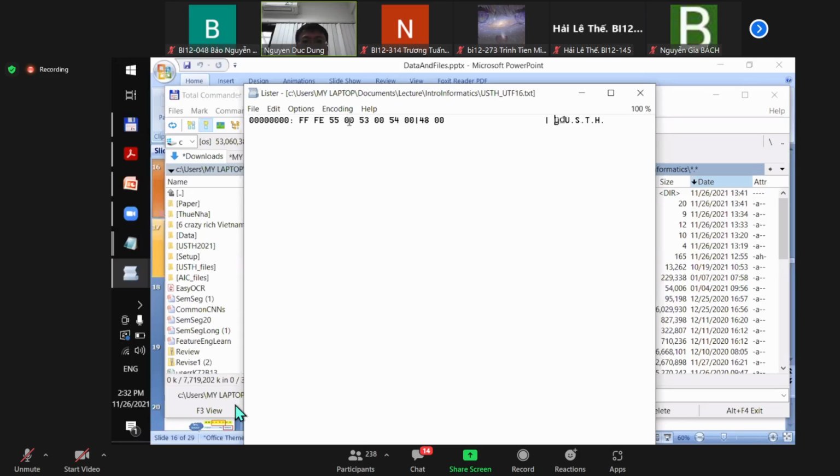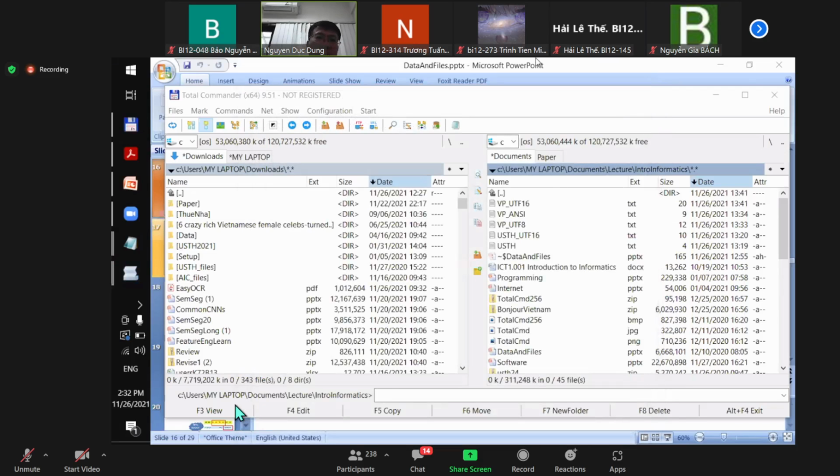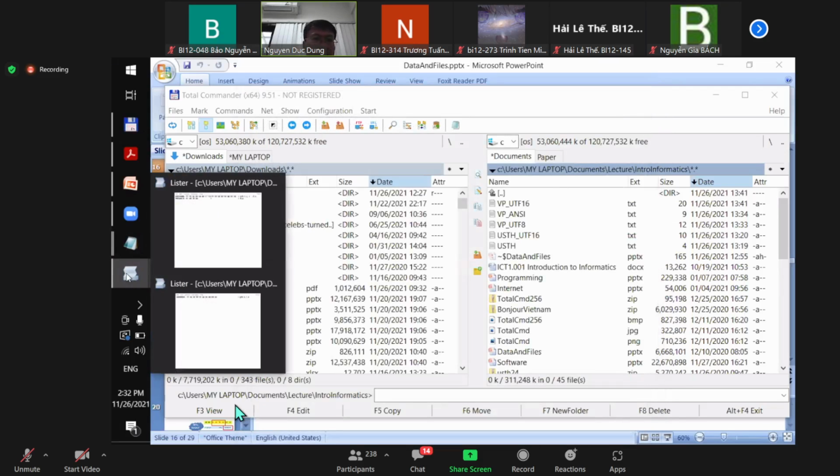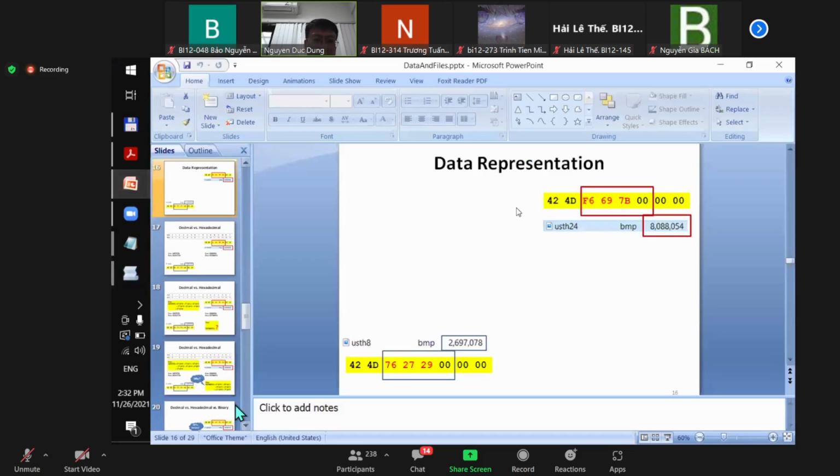It means that 0055 for the character U is stored in reverse. That's the order used in our file system.